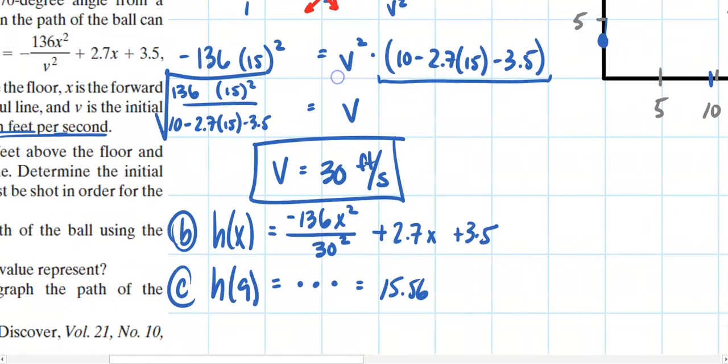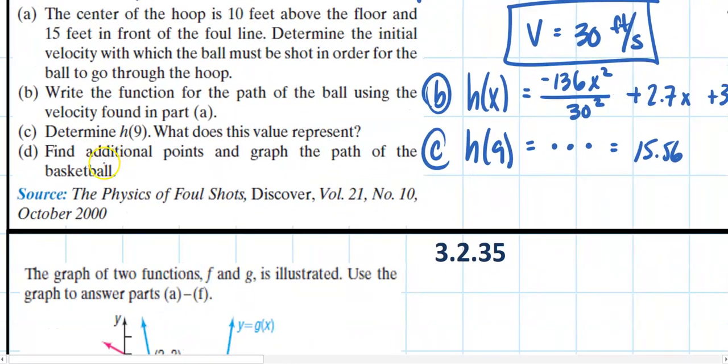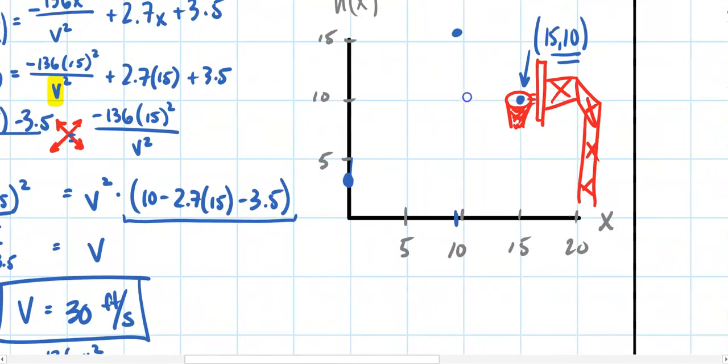This question then goes on to ask us to find additional points and graph the path of the basketball. So let's pick some additional points. We don't have to go crazy here, but maybe we'll use 3, maybe 7, and then let's say 12.